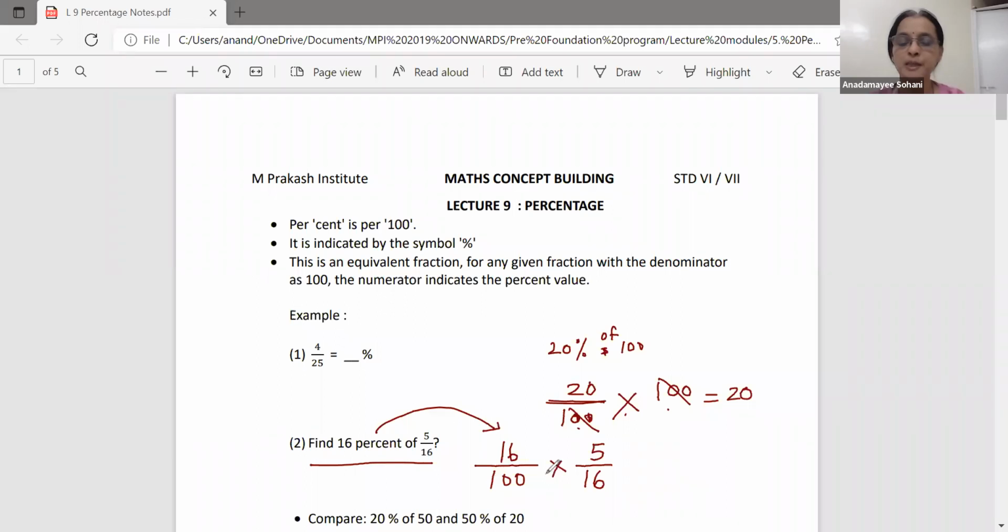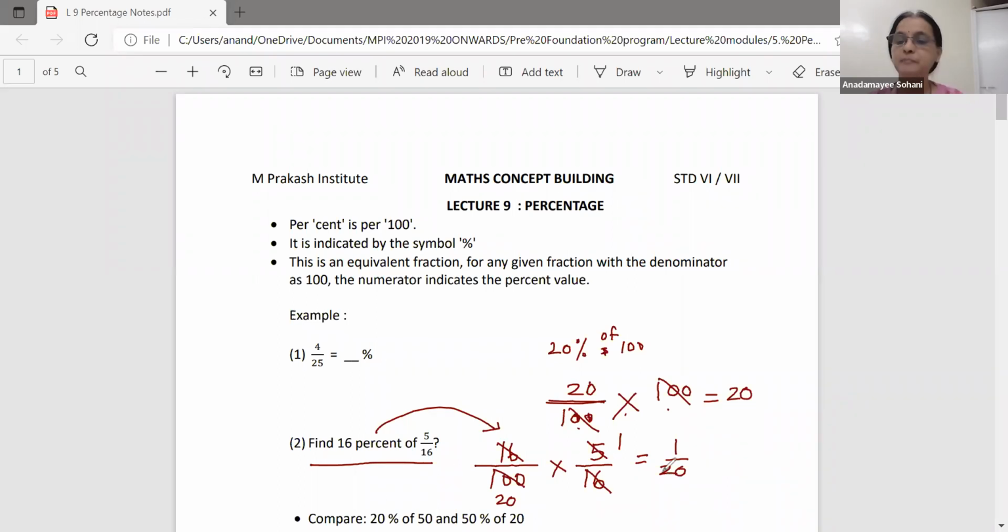Now, since everything is multiplication and division, I can cancel 16 with 16, and 5 ones are 5, 20s are 20. So my answer is 1 upon 20. What does that mean? 16% of 5 by 16 is 1 upon 20.